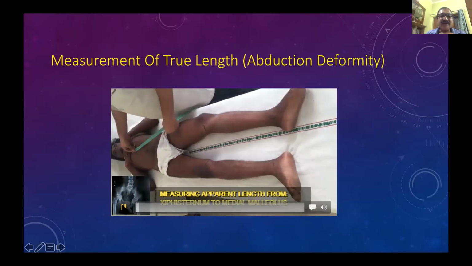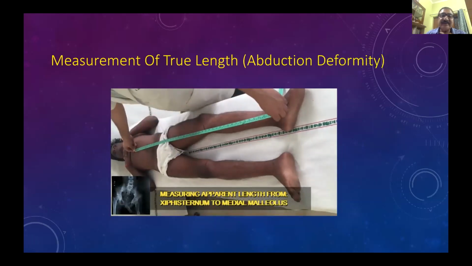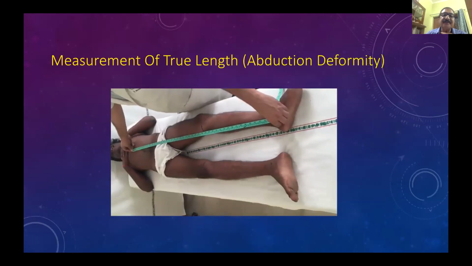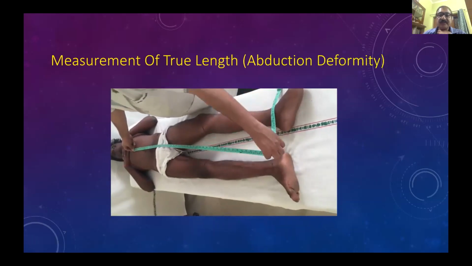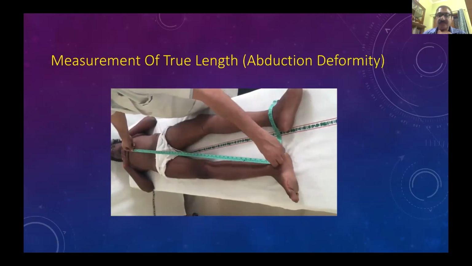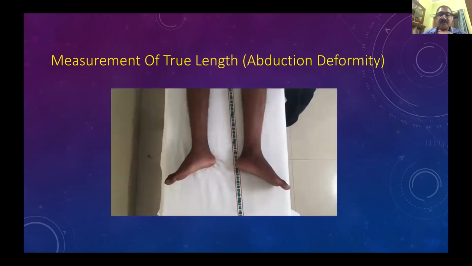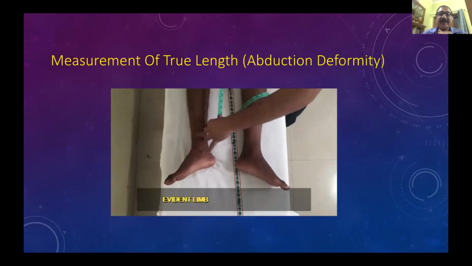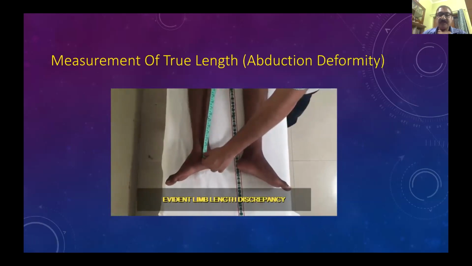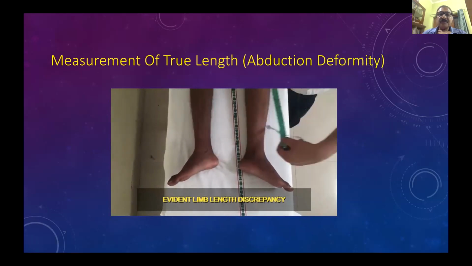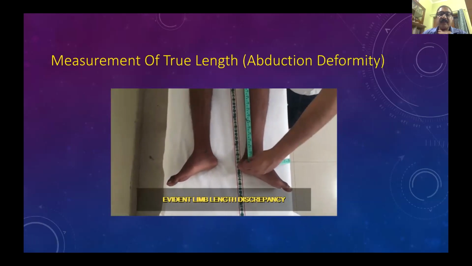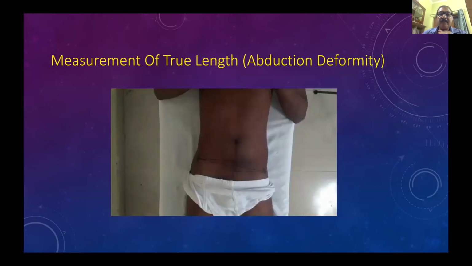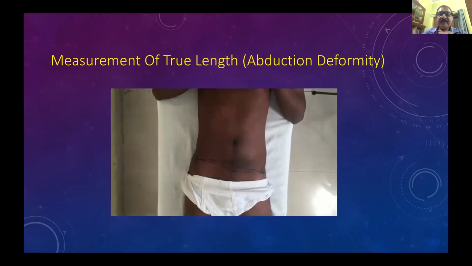In a case of abduction deformity, this is the apparent length. The limb is squared now.